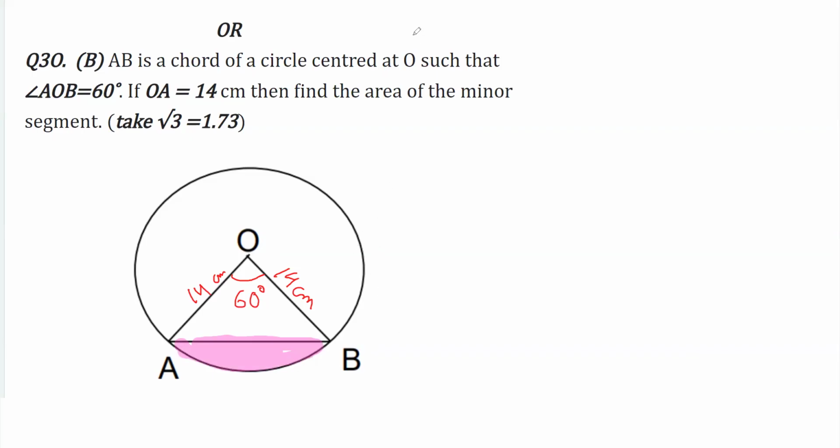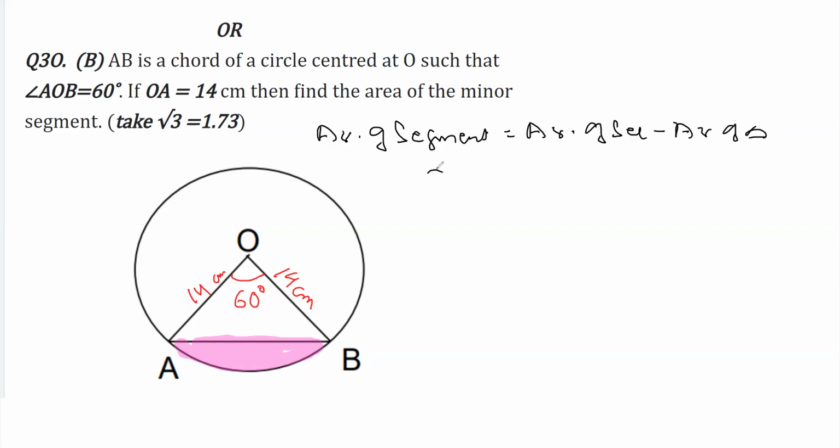So the area of segment is equal to area of sector minus area of the triangle.